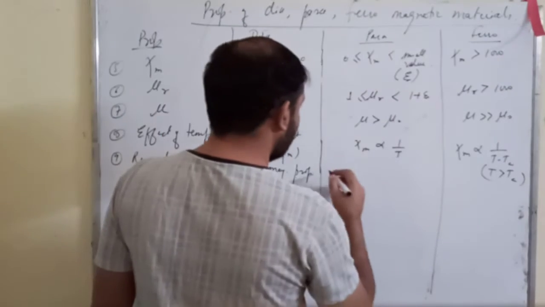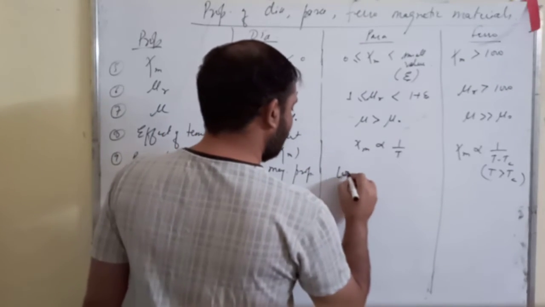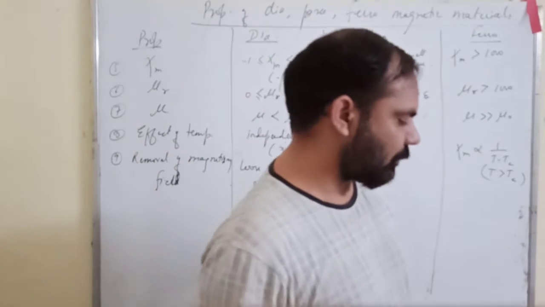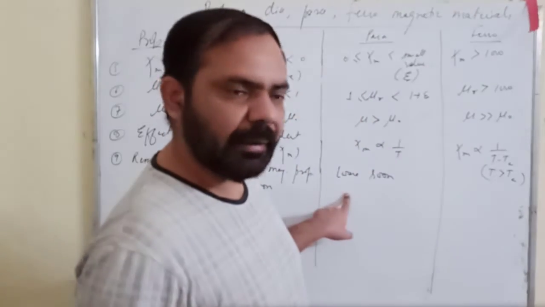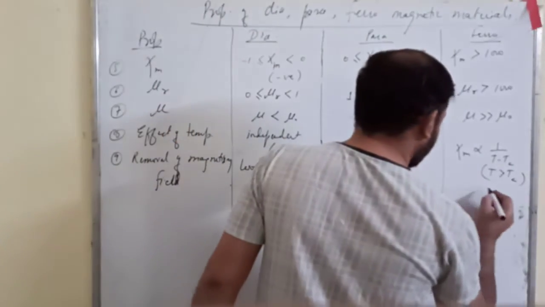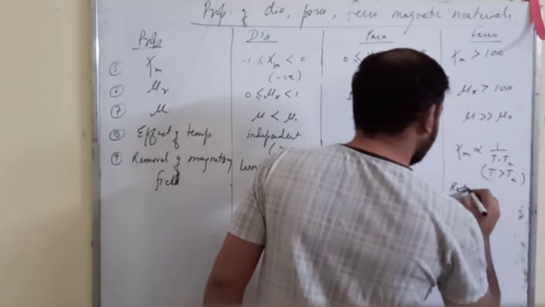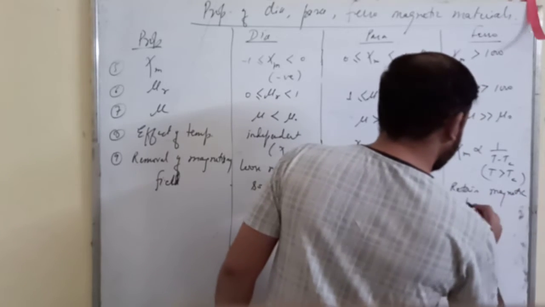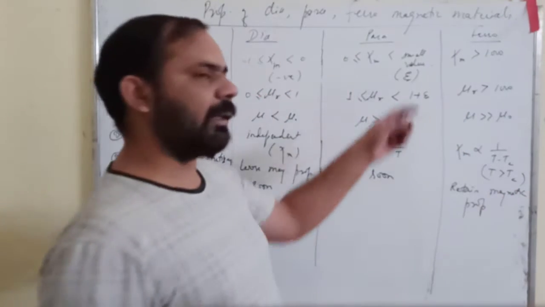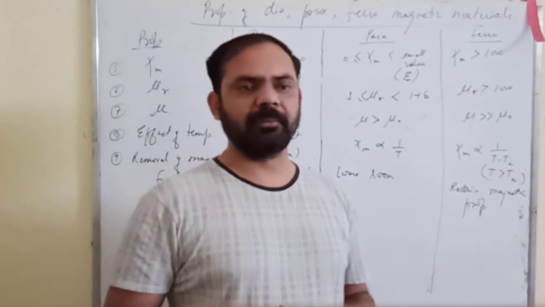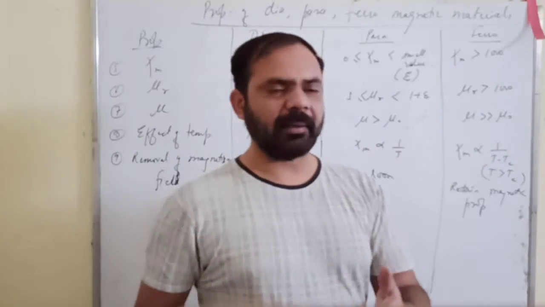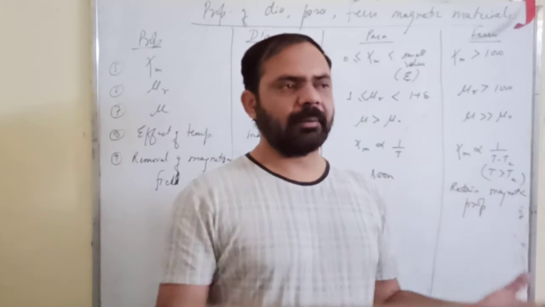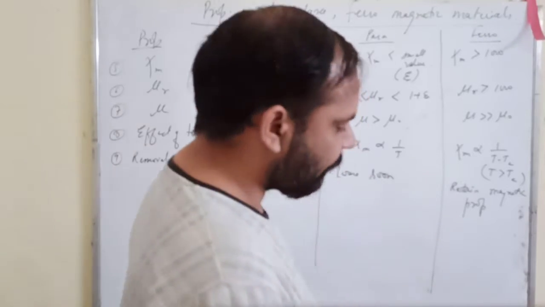The same is the case with paramagnetic materials. They also lose their magnetic properties soon. Ferromagnetic materials can retain the magnetic property. Once you magnetize the material and remove the magnetizing field, they retain partially or fully their magnetic properties.